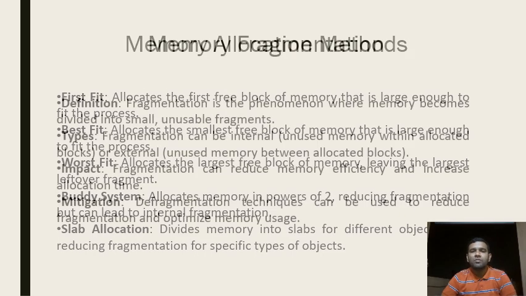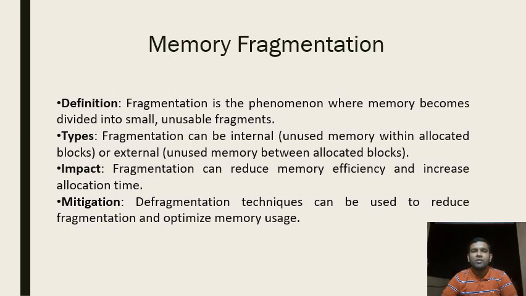Let us go to the next one, which is on memory fragmentation. What is memory fragmentation? Fragmentation is the phenomenon where memory becomes divided into small unusable fragments. What are the different types of fragmentation? Fragmentation can be internal or external; internal means unused memory within allocated blocks.